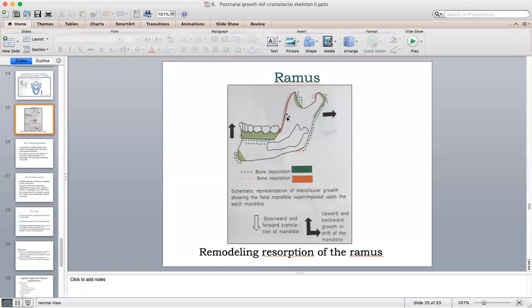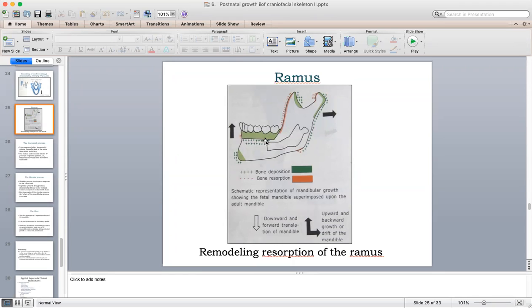So this area gets removed from the growing mandible, and compensatory deposition occurs on the posterior part of the ramus. Because of resorption on the anterior part and deposition on the posterior part, the ramus actually shifts posteriorly, providing more space for the eruption of the molars.